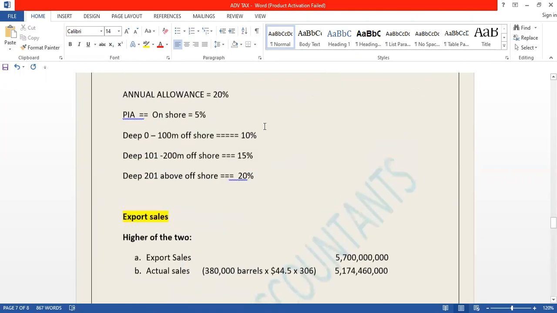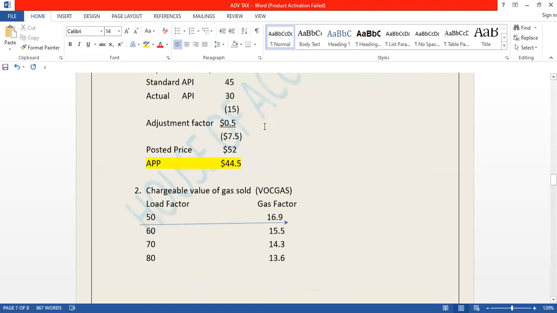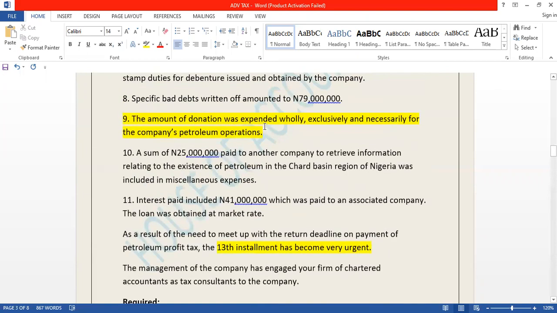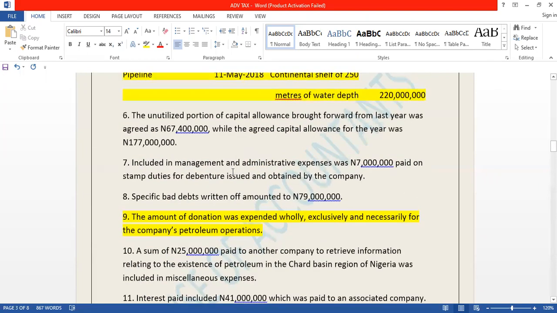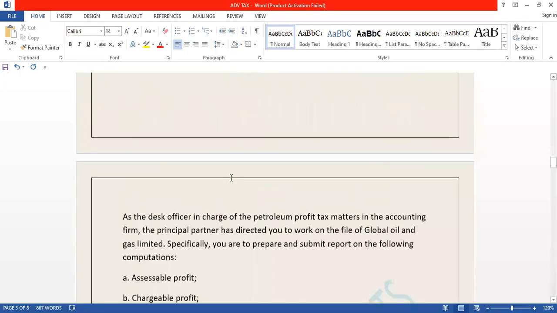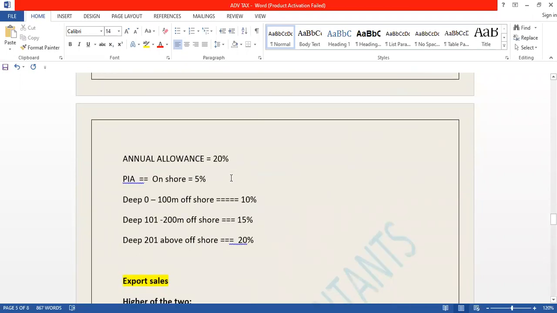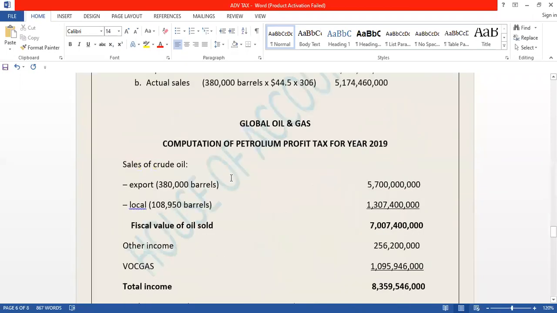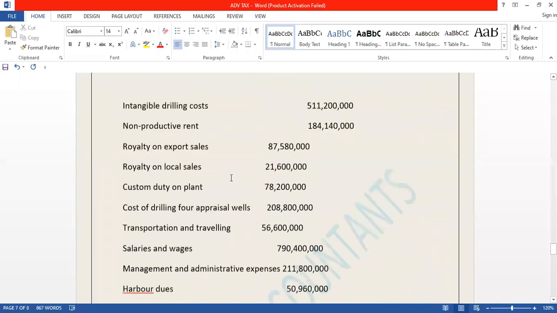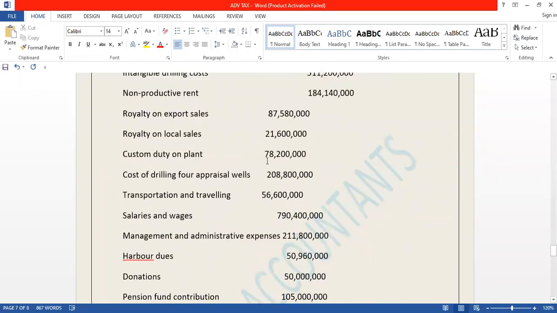I don't think there's any information on custom duty, except stamp duty. There's another aspect of it that has stamp duty. So custom duty still remains 7,8,200.